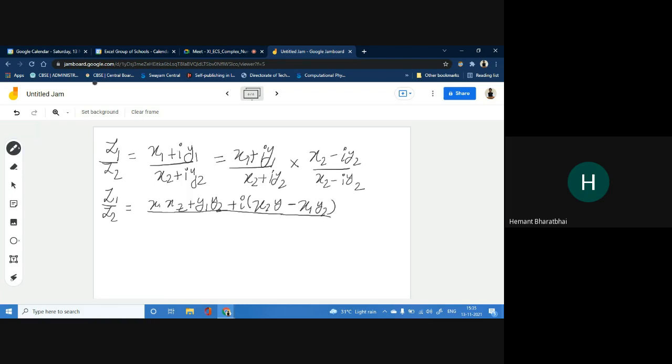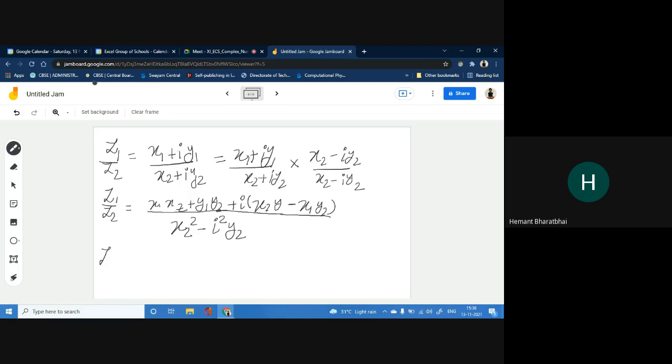So in the numerator, what I've done is I've physically multiplied the numbers. In the denominator, this is (a plus b) into (a minus b), so that will be a square minus b square. So that will give me x2 square minus i square into y2 square. And i square is minus 1, so that will become x2 square plus y2 square.